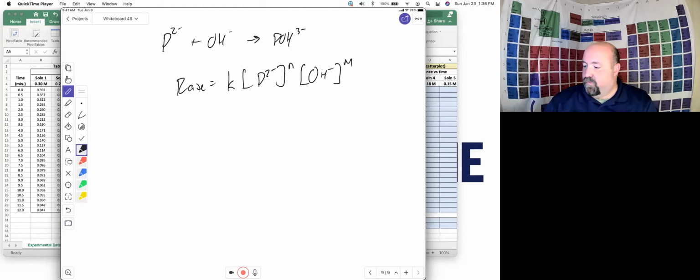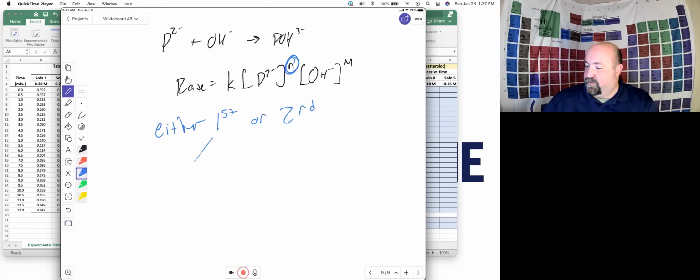And so the first thing that we're trying to key in on is to find that order, that N value. We know that it's either a 1st or 2nd with respect to the phenolphthalein.